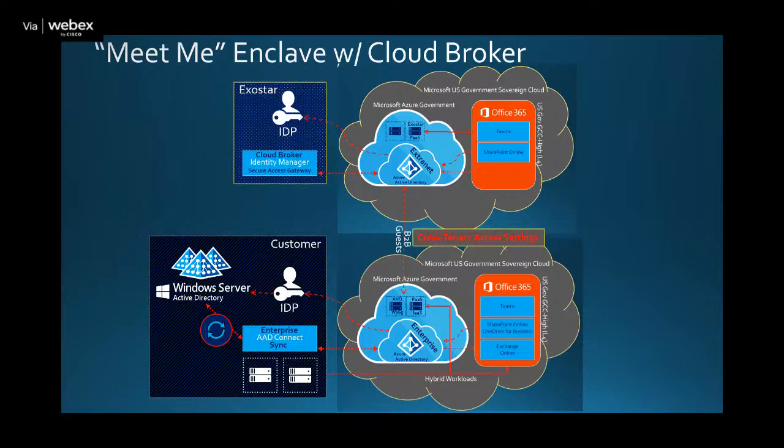And if you already do have accounts, such as in your enterprise tenant, then we can use the B2B capabilities of Azure Active Directory to invite, for example, your enterprise tenant users into the Meet Me tenant. So it's a combination of both authentication from Exostar as well as from Microsoft in those specific cases where you've got enterprise users that are also already in Microsoft 365.